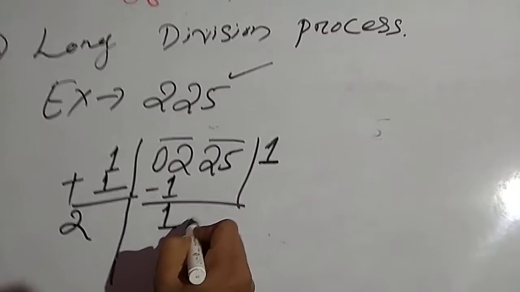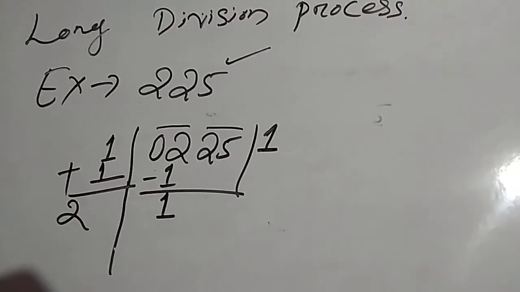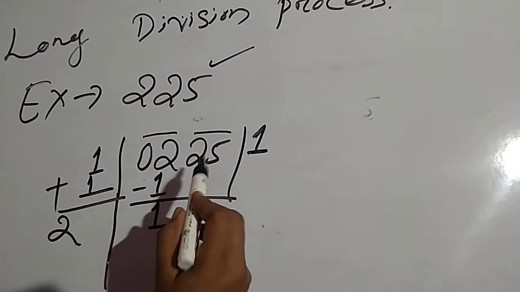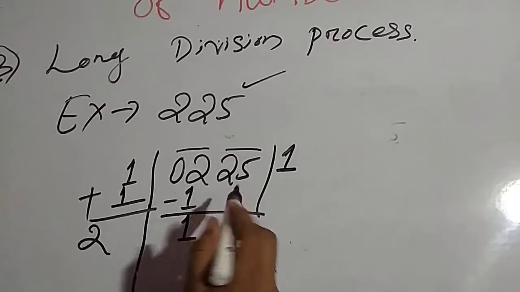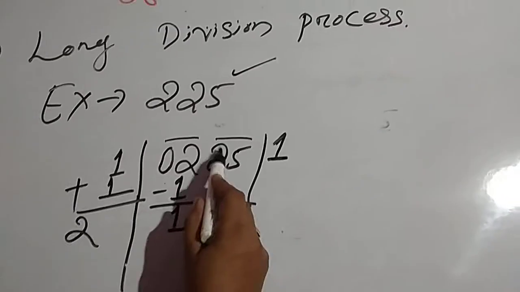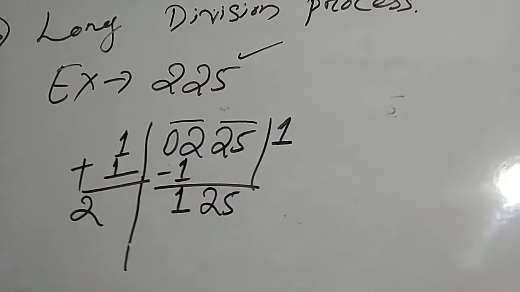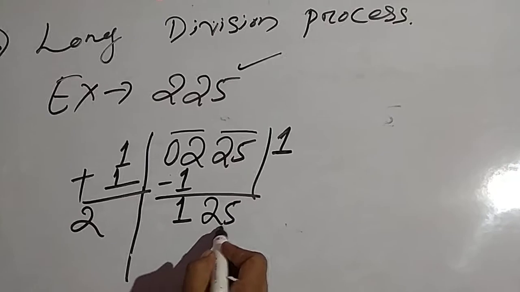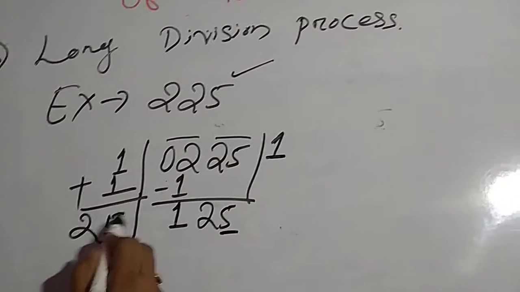So in the division case, we take 1 digit at a time under. But when we find the square root, we take 1 bar together. Okay, we bring down 1 bar together, means 25. Okay, so the number is 125. So 125, the unit place is 5, means we put 5.